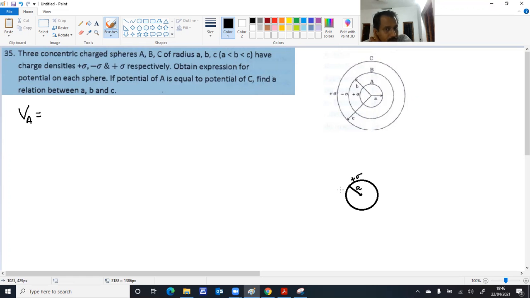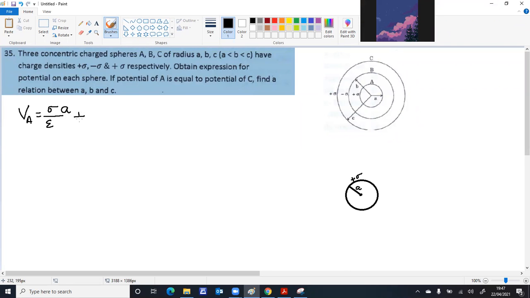You have two options: you can use kQ by R or you can use sigma. This is one of the three cases we discussed. So it is sigma R by epsilon, where R is A, so sigma A by epsilon.